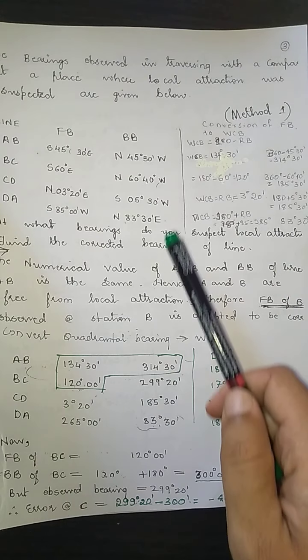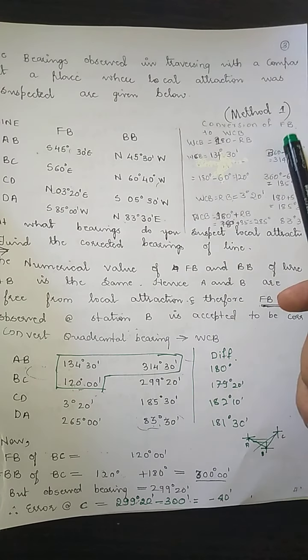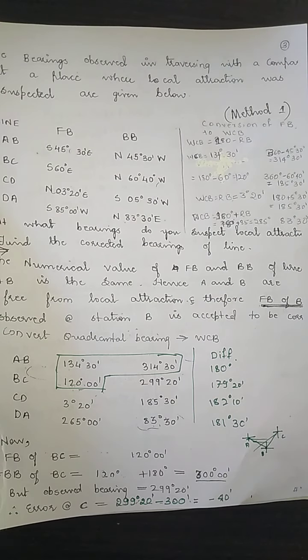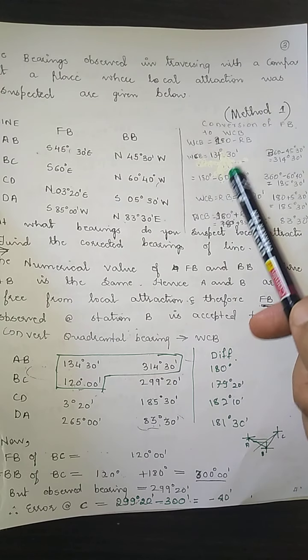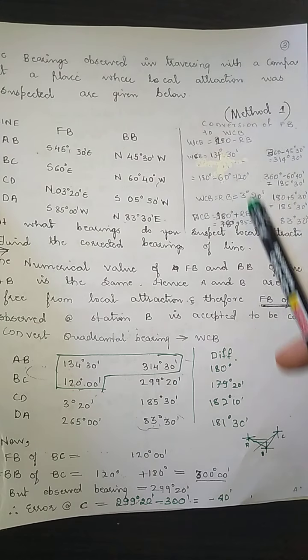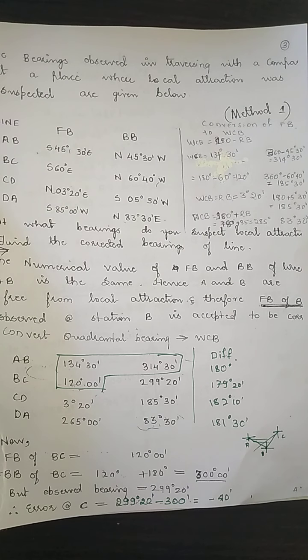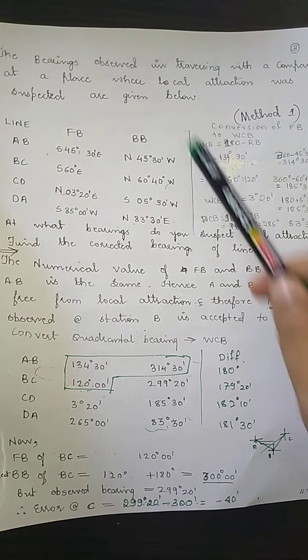Now here, back bearings also we need to convert. If we directly write whatever the fore bearing is, and add or subtract 180, then we will get these back bearing readings wrong. So we need to convert first. We cannot directly write this, because all these have some local attraction.